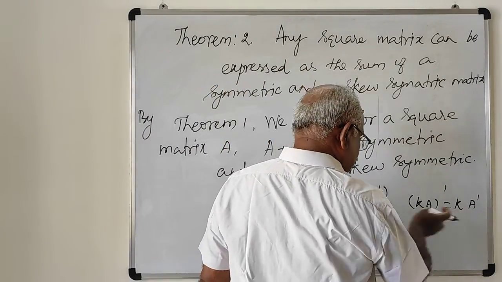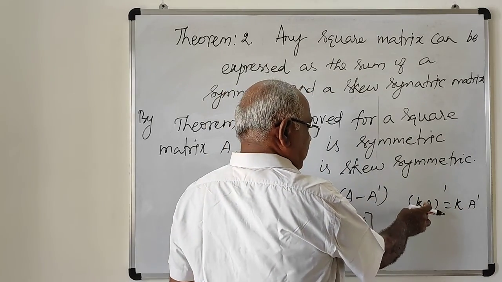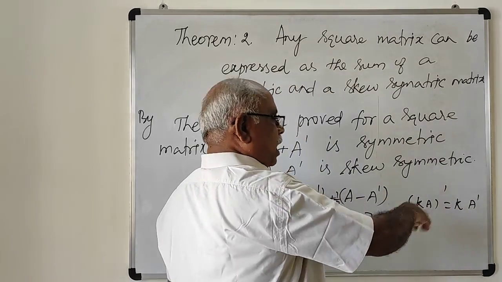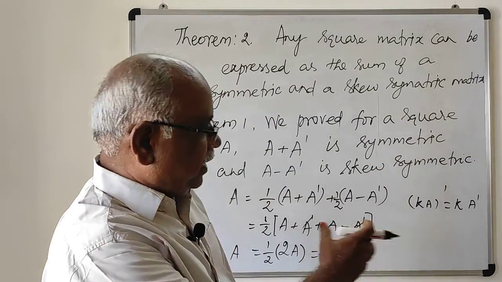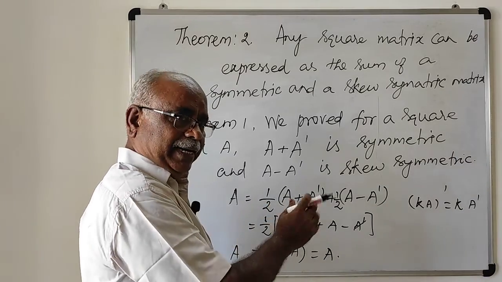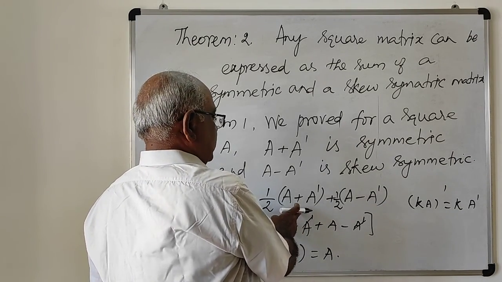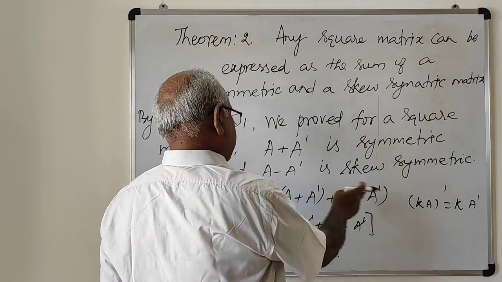Therefore the constant can be taken out. Multiplying the transpose of a matrix by a constant, or multiplying a matrix by a constant and then taking the transpose, will not affect the symmetricity of the matrix. Therefore, I multiply 1 by 2 by A plus A dash and again 1 by 2 by A minus A dash.